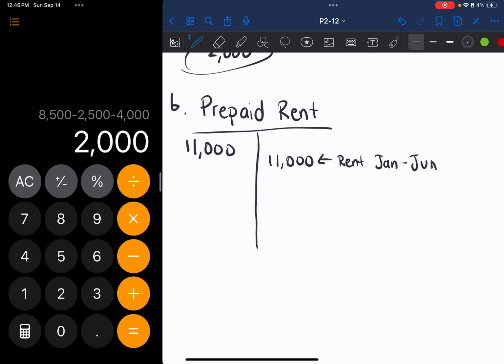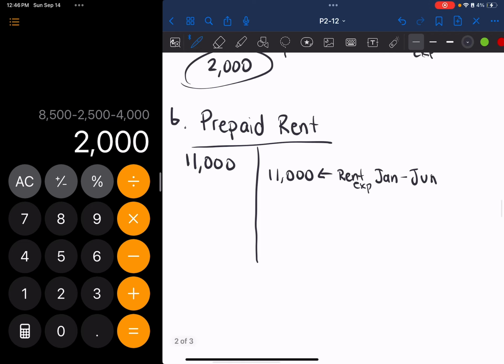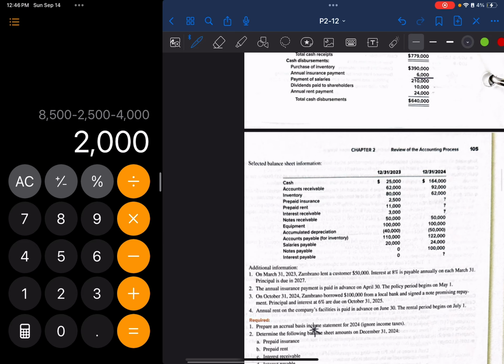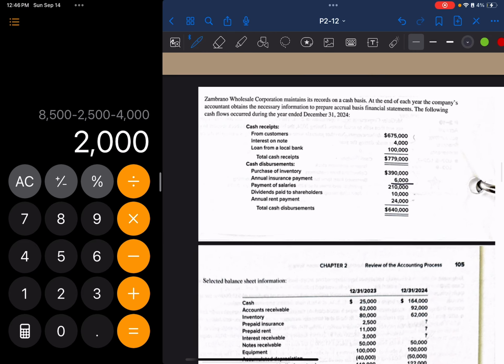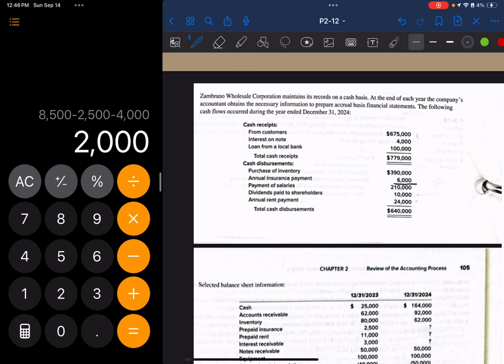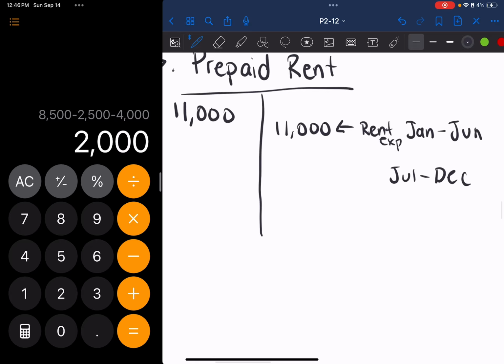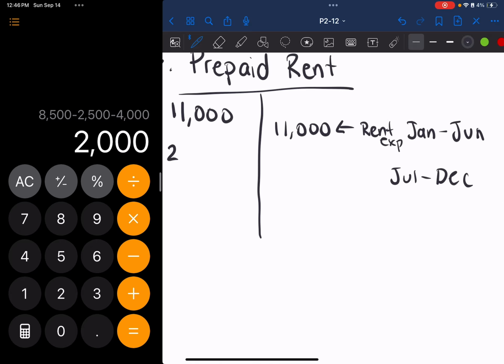So then we have to calculate how much will be from July through December. And you have to go back up to the cash disbursements for this too. The annual rent payment is 24,000. So that is debited because it's increasing our prepaid rent account.